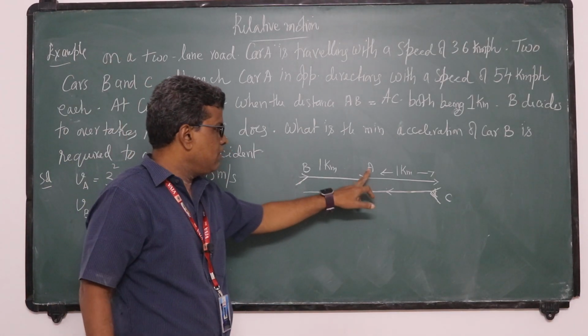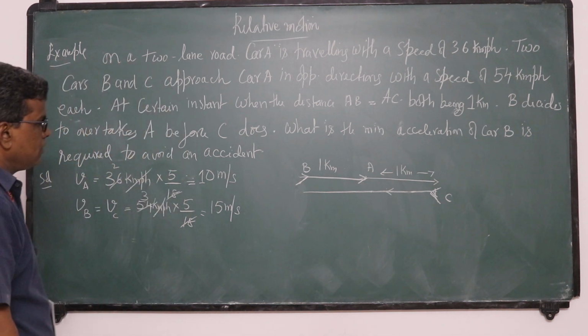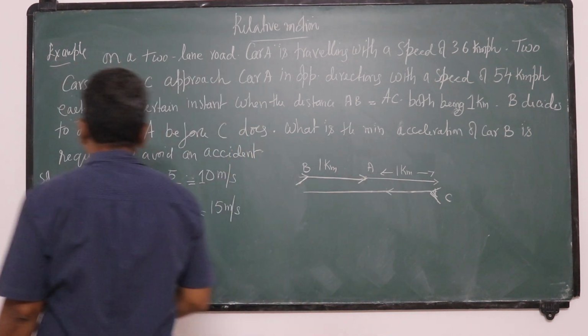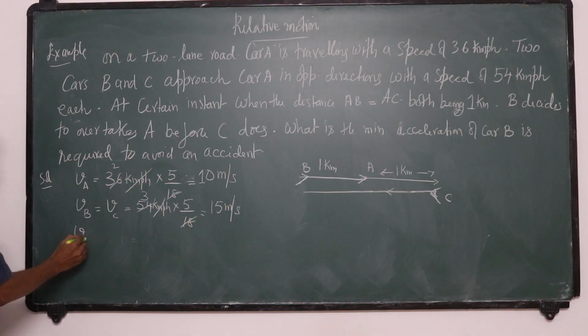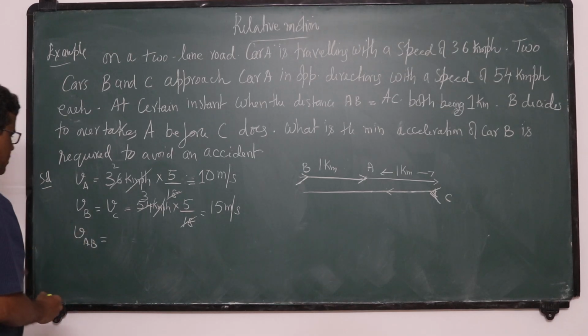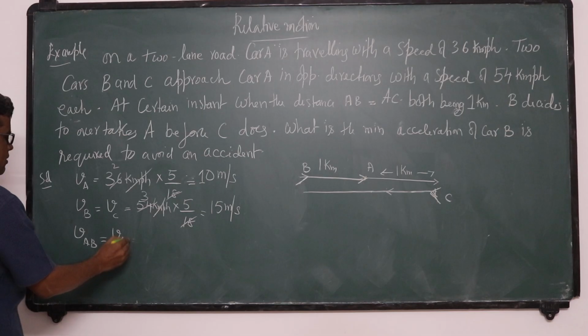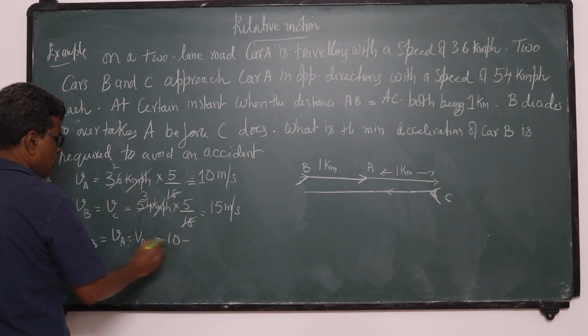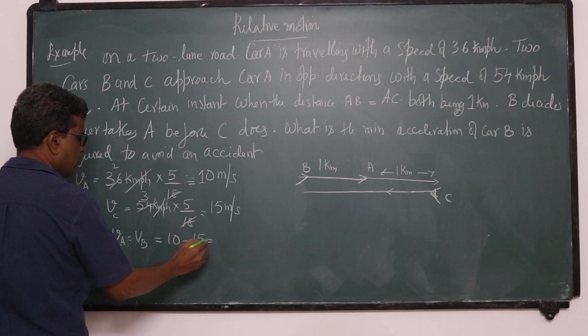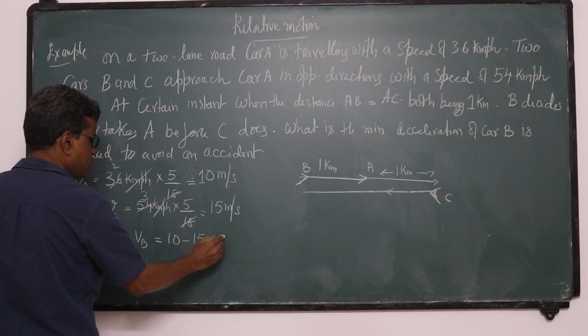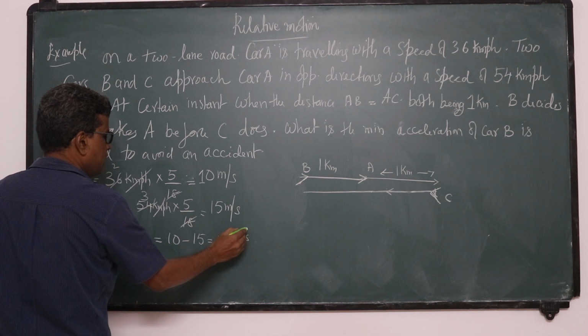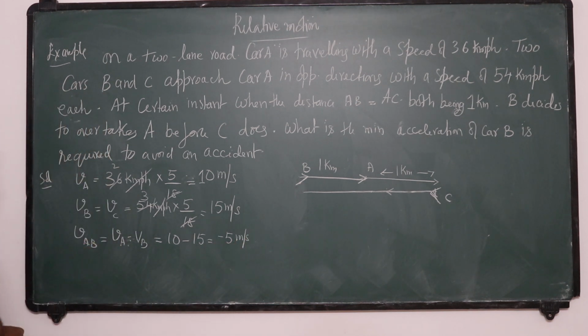Initially, what is the speed of A with respect to B? Relative speed. Since they are in the same direction, VA minus VB. VA is 10, VB is 15, so the speed of A with respect to B is minus 5 meters per second.